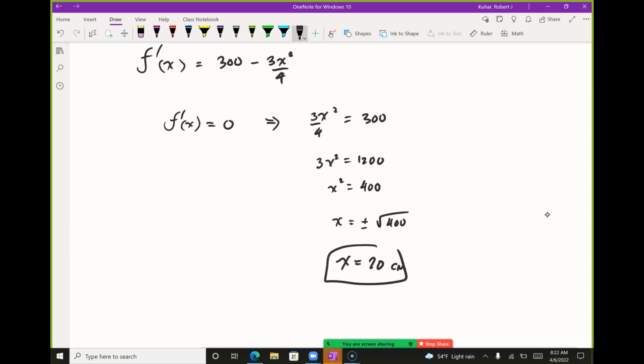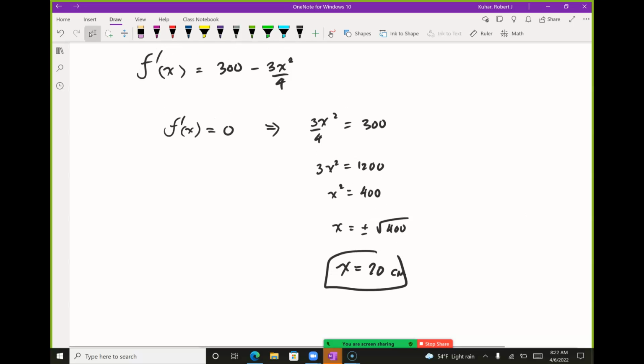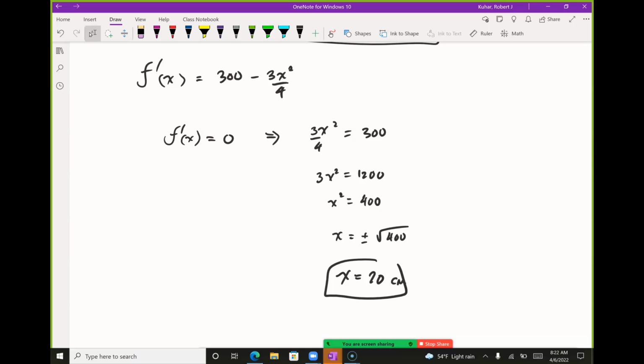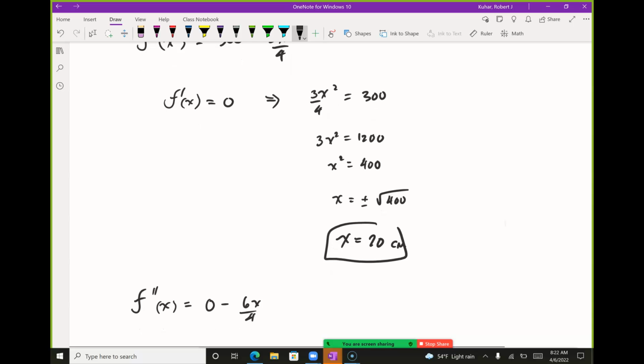I need to figure out y. I need to figure out the volume. And I need to figure out that it's maximized. So I want to work on the maximized piece first. What am I going to do? I'm going to take my first derivative and get a second derivative, right? So you can see at the top of my screen is my derivative. So f double prime is 0 minus 6x over 4, so negative 3/2 x.